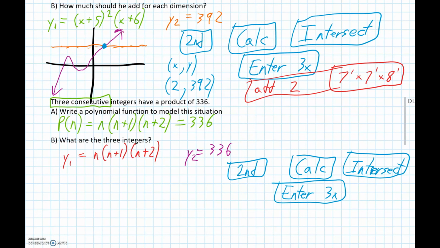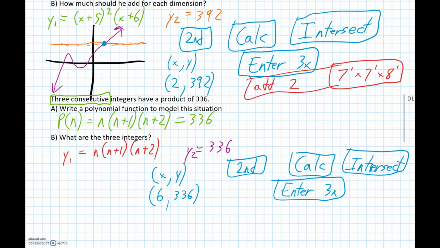So if you do all that correctly, you should get the values of 6, 7, no, that would be our final answer, I guess. 6, 7, 8. So when you actually do this, you'll get your x, y, which would tell you that your n value is 6, your y value is 336.